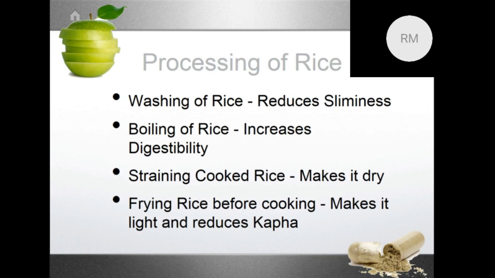Is this practice, is this proportion being used in your country? What proportion of water do you use?